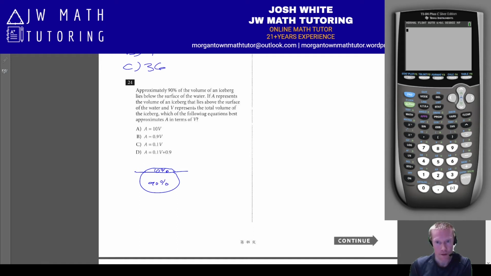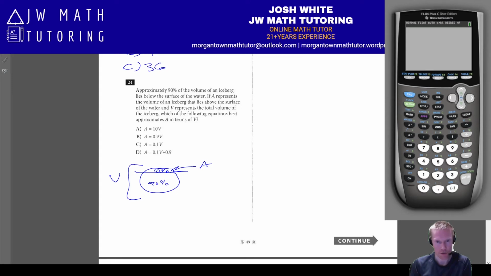And A is the volume of the iceberg that is above, and V represents the total volume. So just this part on top here is A, V is the total volume, and then we want to relate V to A. Notice in my picture I've drawn, A is 10% of the overall total.